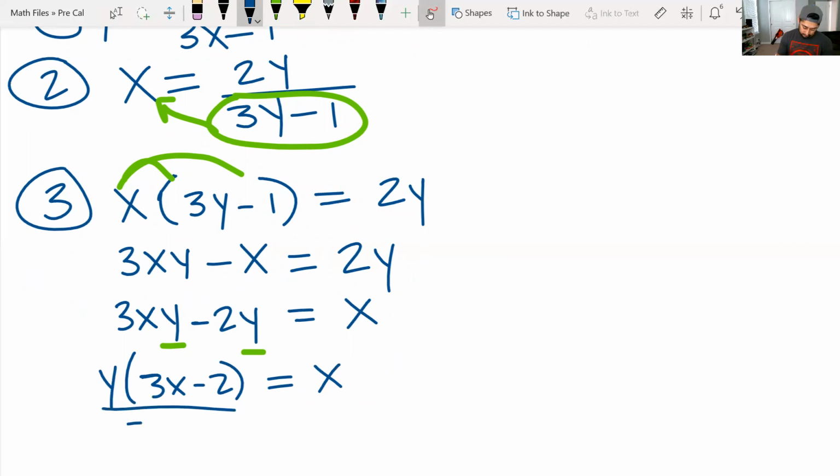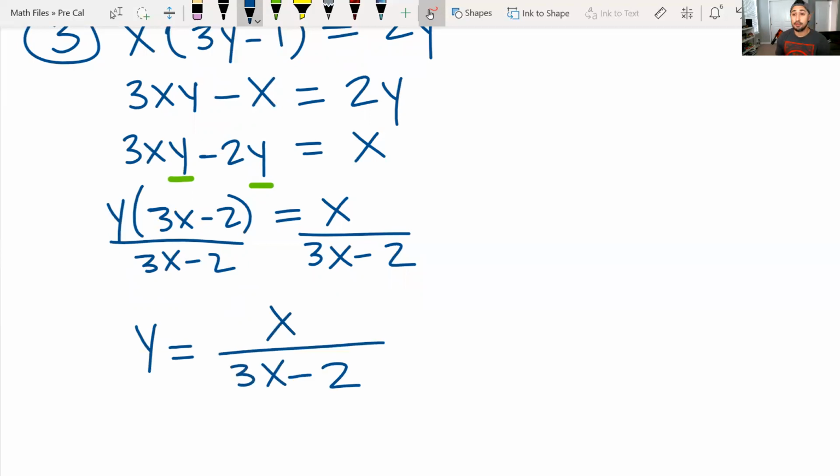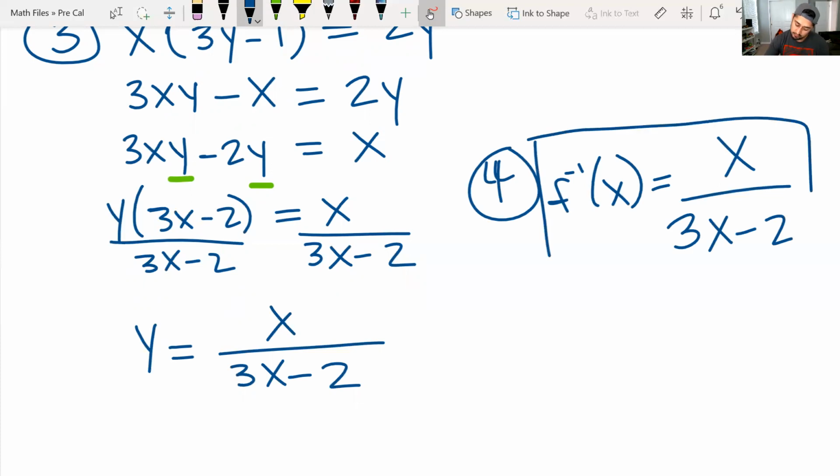And then divide by 3x minus 2. And we have our inverse. Step 4, state it as the inverse. There we go. Nothing to it. Again, stuff you should know already.